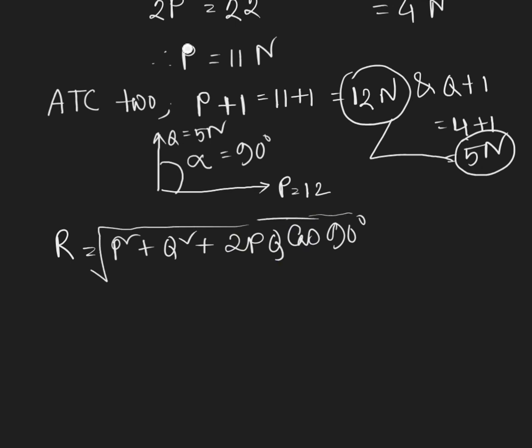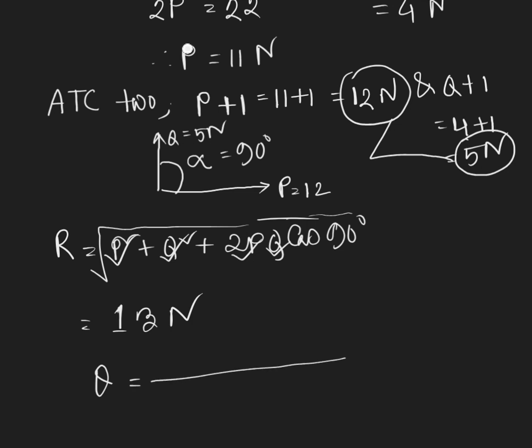So if we plug in the value of 12 square here and 5 square here, and obviously here is 90 degrees. After calculating this value, we'll find the resultant is 13 Newton. Right? Now, if you would like to calculate the direction, it means theta.